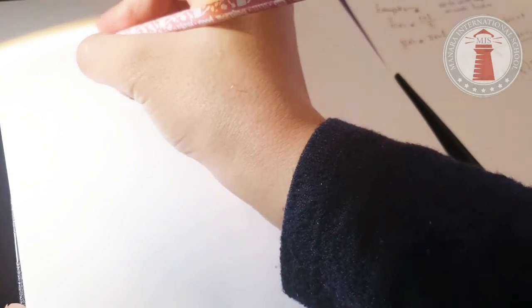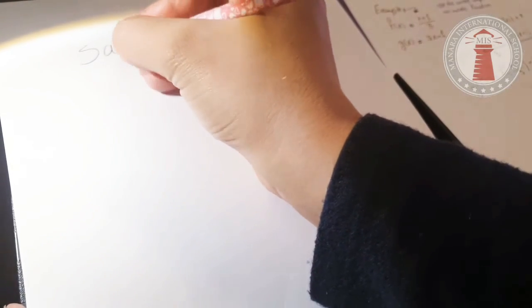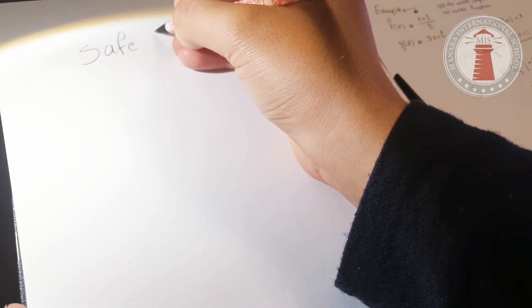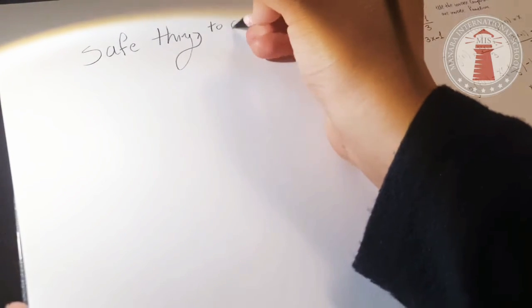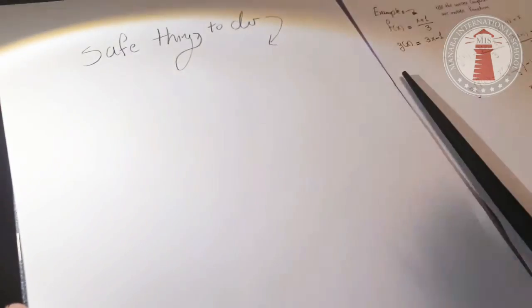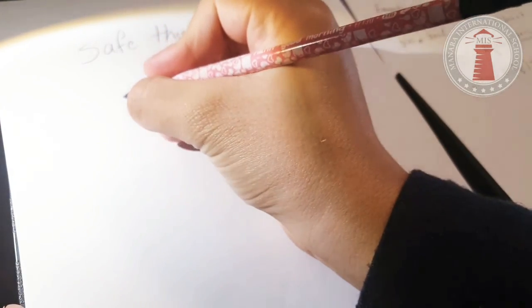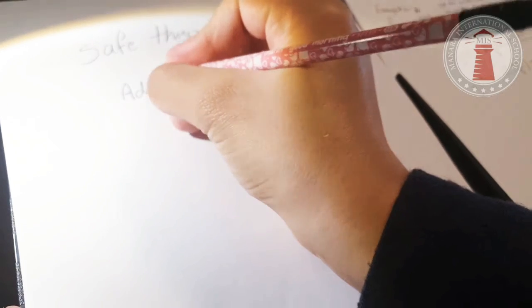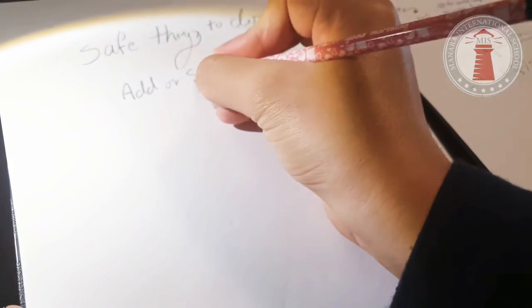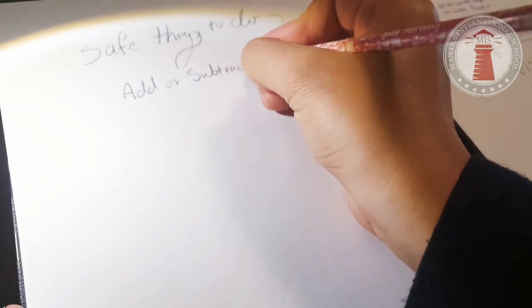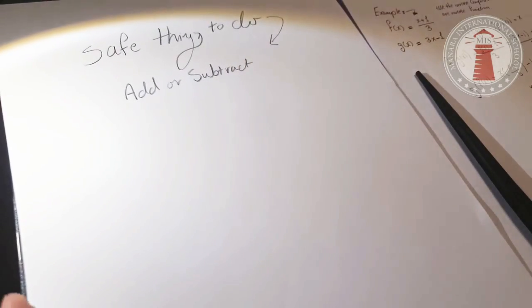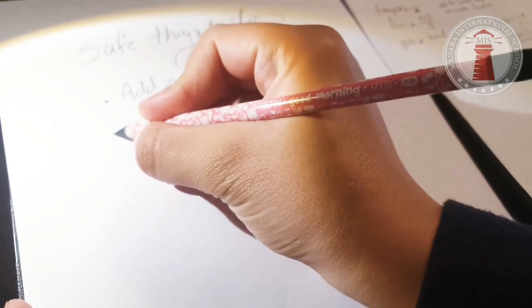Okay, so we said the safe things, let's call them the safe things to do. Here we can add or subtract, which is basically the same, just using a different sign number.